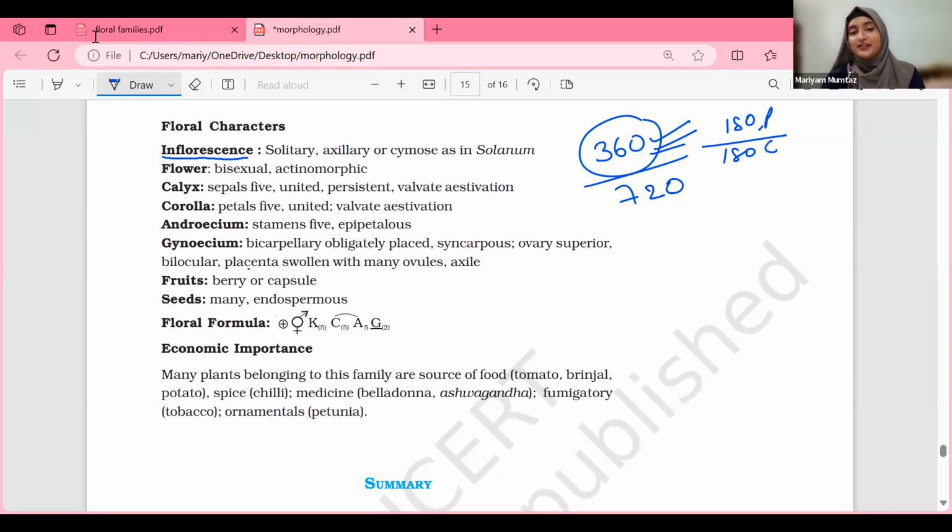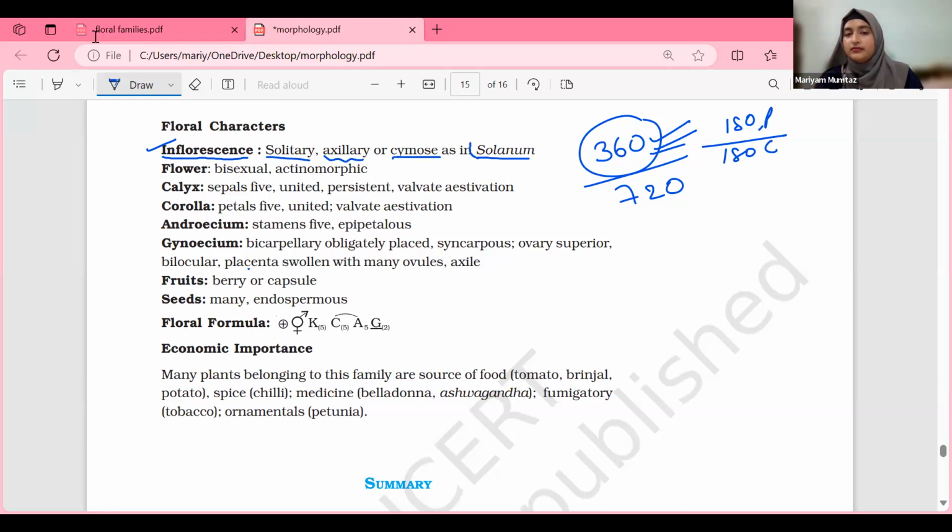Anyway, let's talk about the 11th exam only. Talking about the inflorescence: it may be solitary, wherein the floral axis has one flower and ends there. Then it can be axillary, meaning present near the axil. Then it may be cymose, as in Solanum.